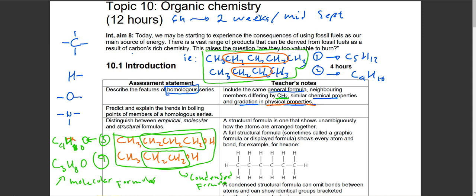But for now, you know that if compounds are homologous to each other, they will have the same or similar chemical properties and gradation in physical properties. Okay, that's for this part one. Describe the features of a homologous series. You have to be able to differentiate that. Okay, pause for a minute.